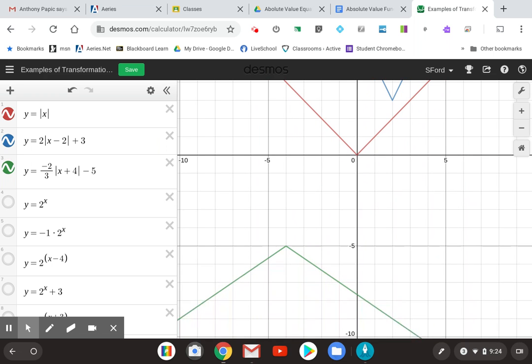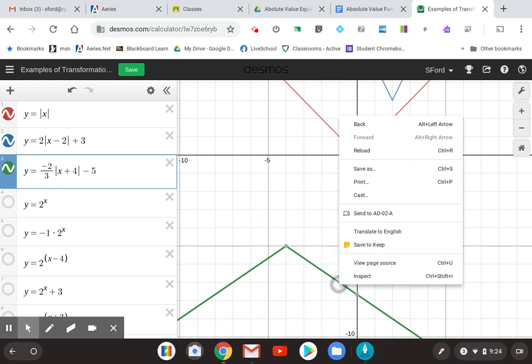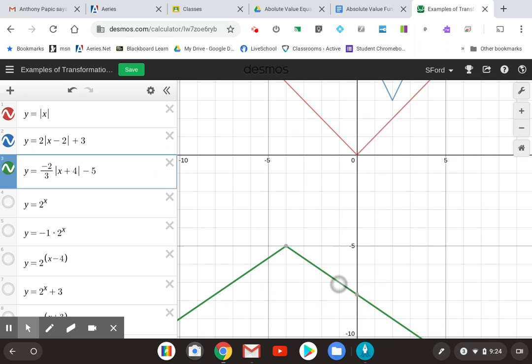If you start from the vertex, we go down 2, right 3. Now you've got your slope. From our original, the red one, it went left 4, down 5. That's how you can do that, so it makes it a lot easier.